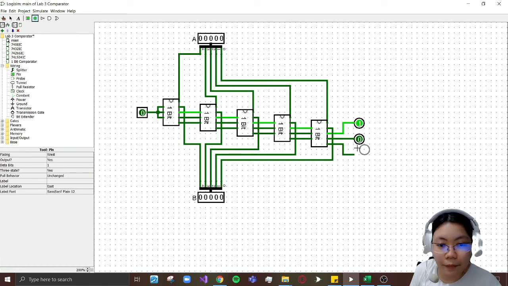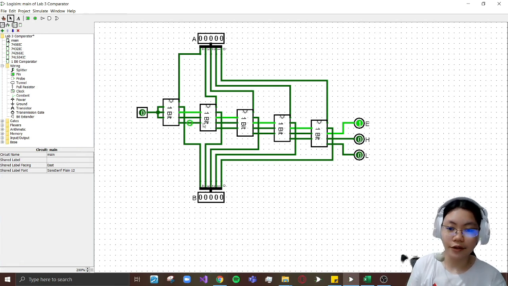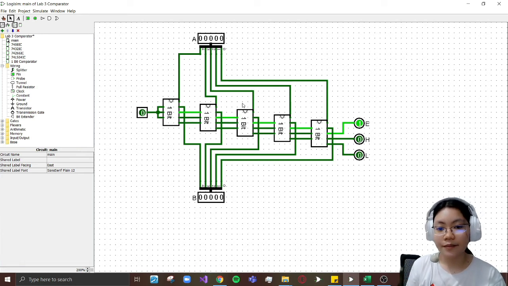Equal, high, and low. So this is now the final form of our 5-bit comparator using Logisim. We have cascaded 5 1-bit comparators together, and we got this output. As you can see, the output of the first or the most significant comparator is connected to the next or the lower order comparators.